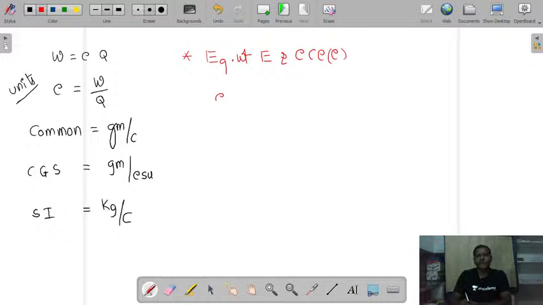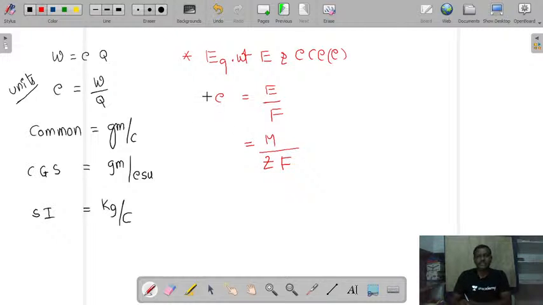Small e is equal to capital E by F. What is capital E? Equivalent weight. Equivalent weight is equal to atomic weight by valence. Atomic weight is denoted by A, valence denoted by Z.